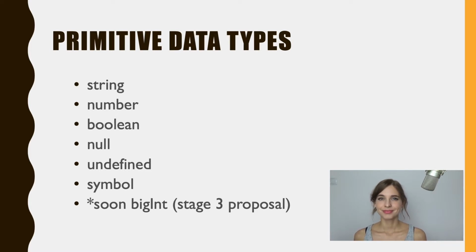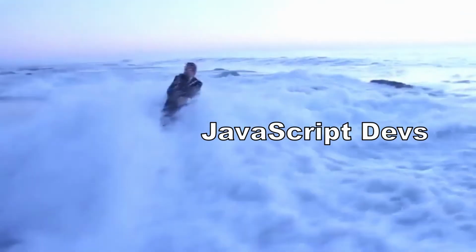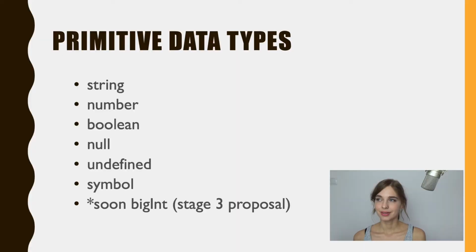Symbol, in my experience, is not used very often, and soon to be another primitive data type, a big integer, as at the moment it's at the stage 3 proposal. I think the latest ECMAScript established it in June this year.